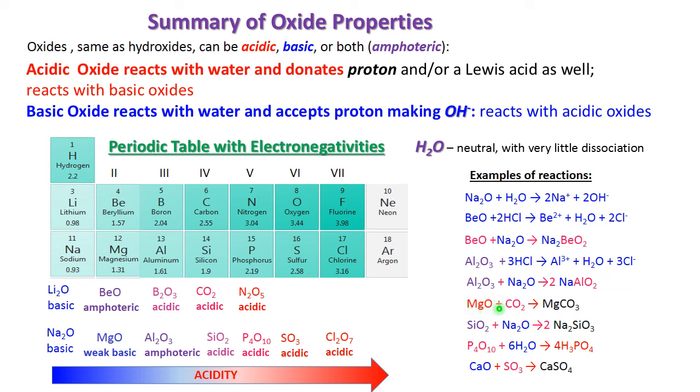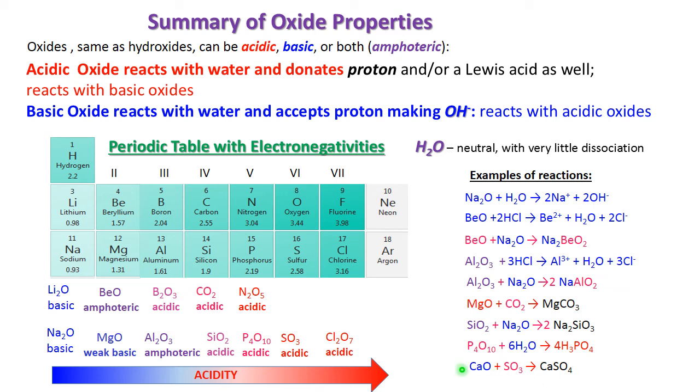Basic magnesium oxide reacts with acidic CO2 to make magnesium carbonate. Acidic SiO2 reacts with strongly basic Na2O to make sodium silicate salt. Phosphorus oxide reacts with water to make phosphoric acid.